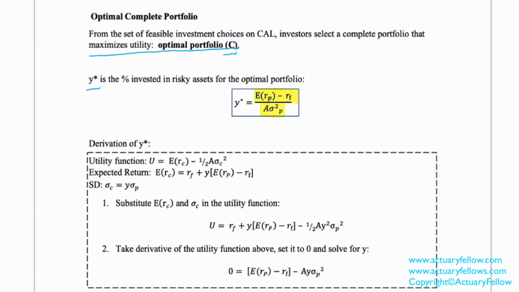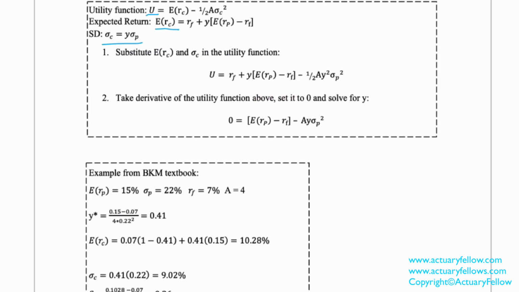To derive Y star, we need the utility function, the CAL, and the complete portfolio standard deviation equation. Substitute the expected return and the standard deviation of the complete portfolio in the utility function, and then take derivative with respect to y and set it to 0.